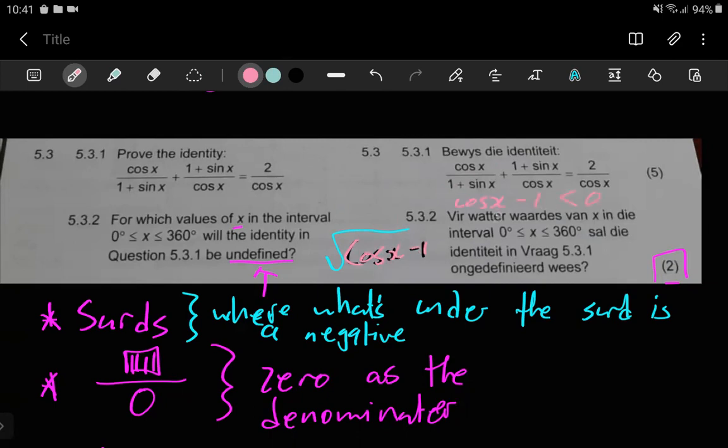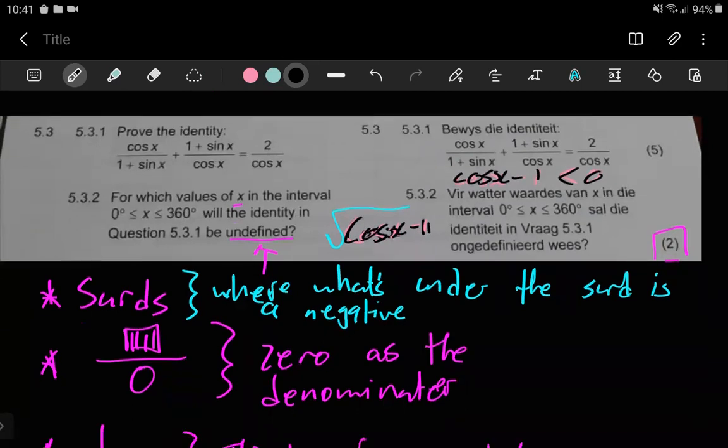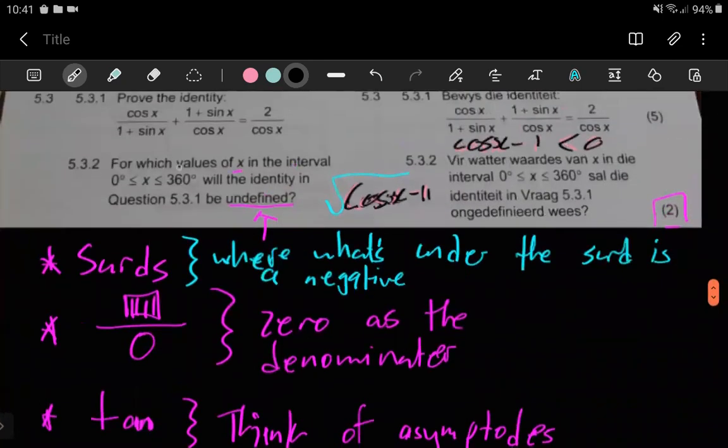You would need to work this out, because the surds tell us that the expression will be undefined if the bottom part here is a negative. With fractions, we have to check where the denominators are 0, because where the denominators are 0, we will have something that's undefined.